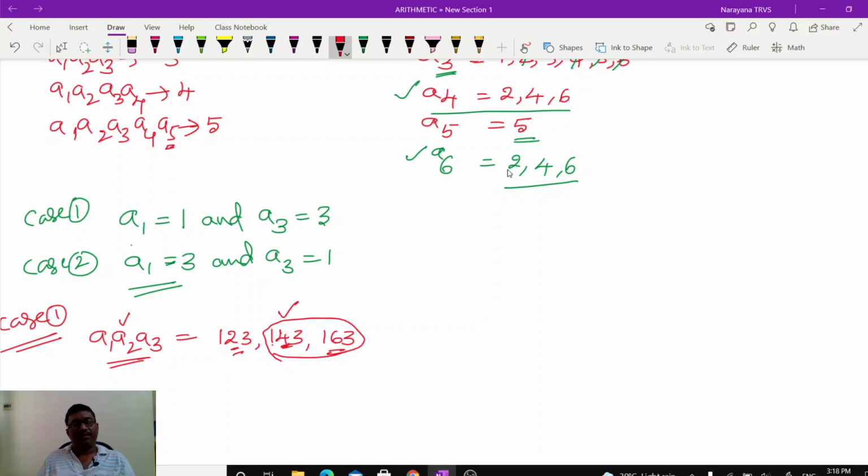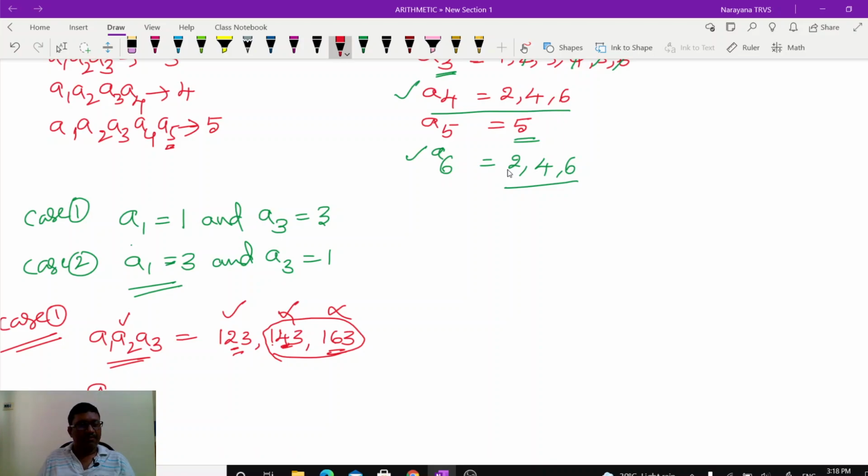We have 1, 2, 3, and 1 plus 2 plus 3 is equal to 6, so 123 is the possible number. 143 and 163 are not possible, because the sum of their digits is not divisible by 3. So a1, a2, a3 is equal to 1, 2, 3.